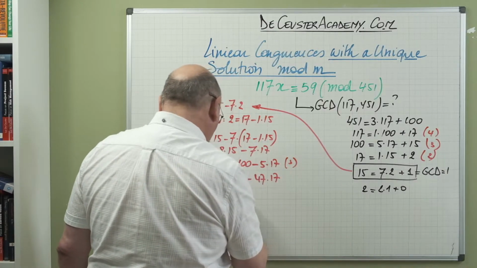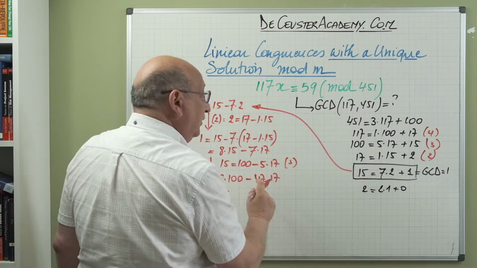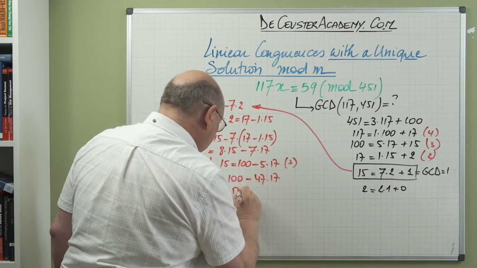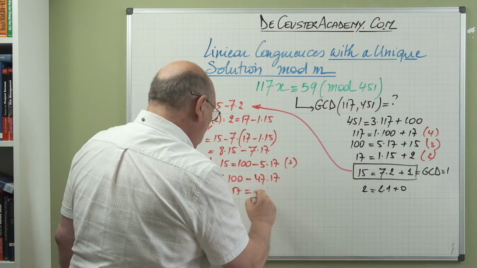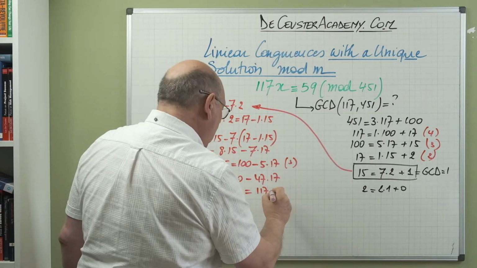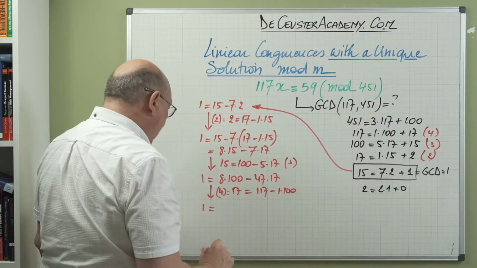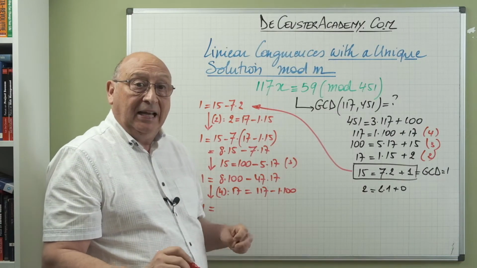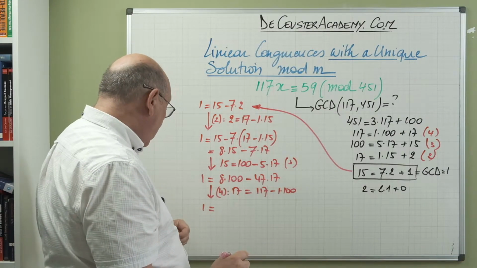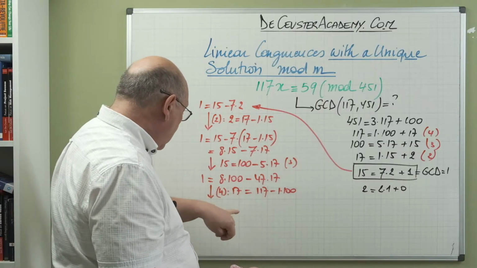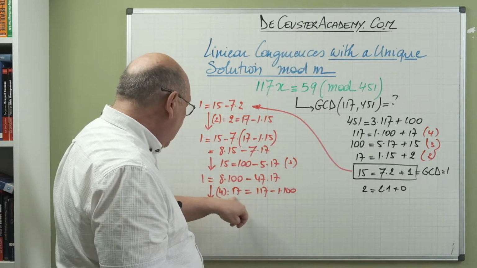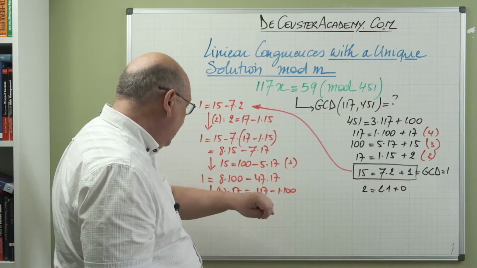Now we have the fourth expression, which is in fact 17 is equal to 117 minus 1 times 100, and we can write the GCD 1 again as a new relationship by putting the 17 in here.